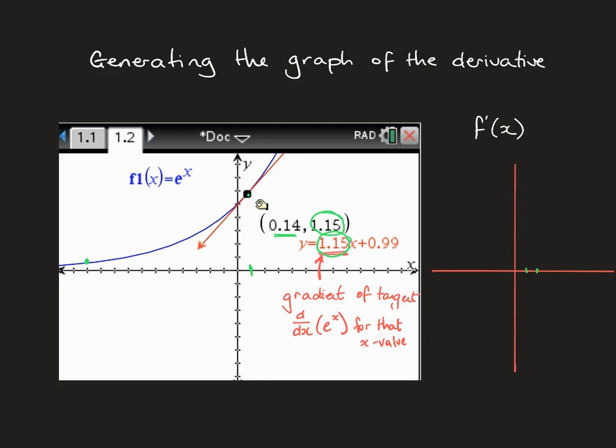So I'm just going to put it on the original graph itself. So those green dots represent the derivative graph drawn over the top. And so what you get over here is your derivative graph also being exactly the exponential function. I'll let that play a little bit more.